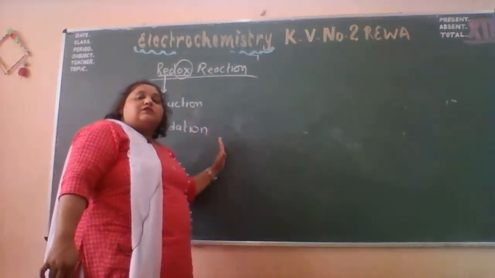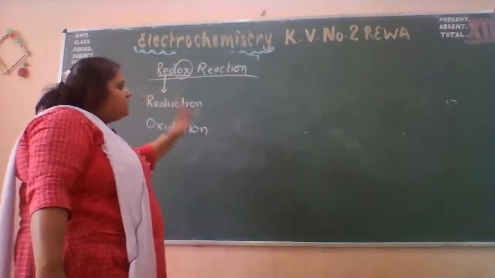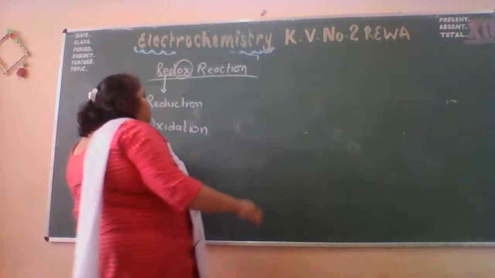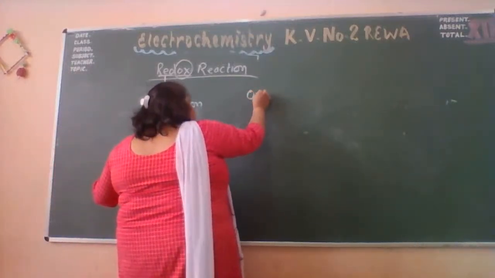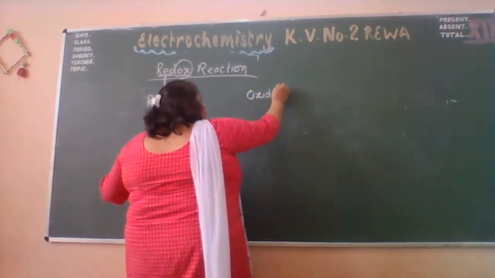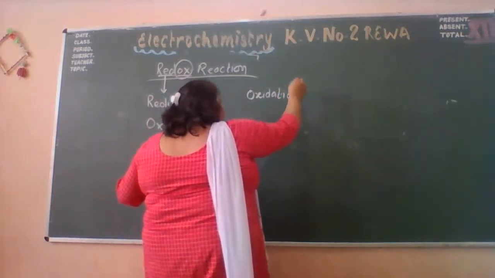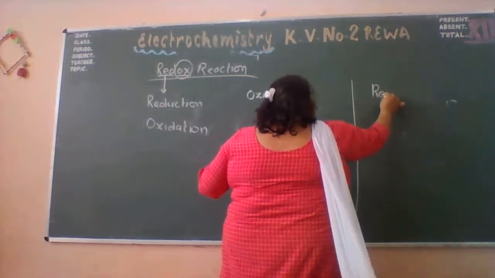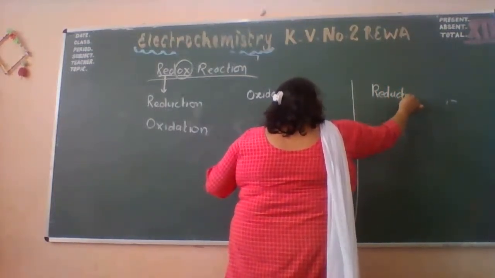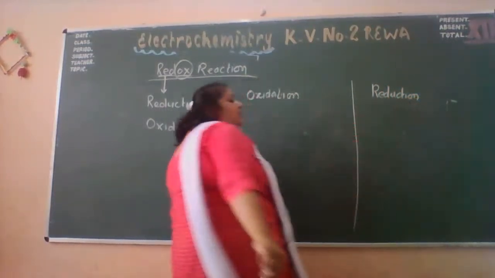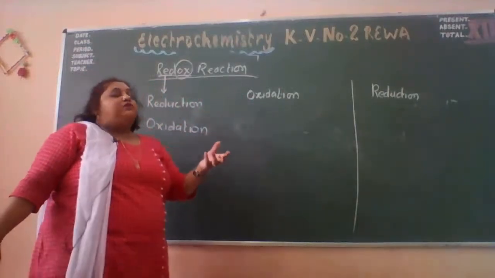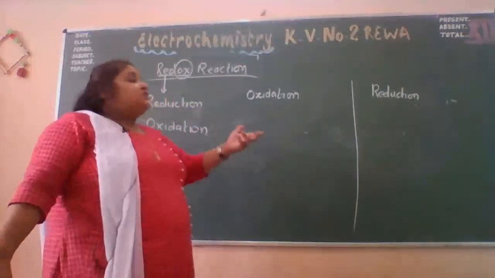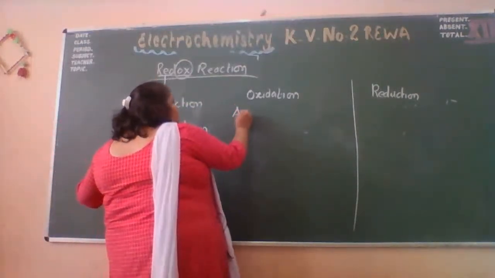Before I summarize it, I want to know whether you know about oxidation and reduction or not. Oxidation and reduction are two different types of reactions. The very simple definition that was used earlier, especially in the lower classes, is the addition of oxygen.